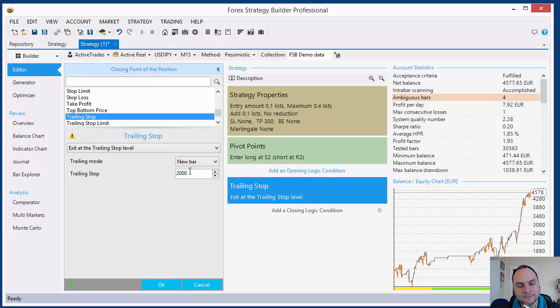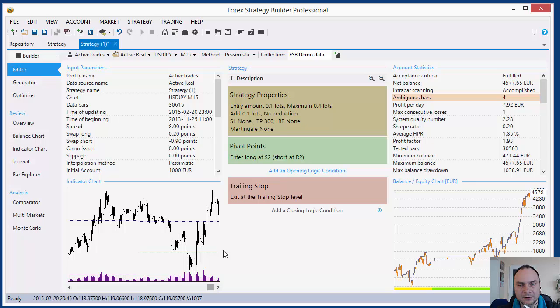That means when you open a long position, the program will set the trailing stop activation 200 pips above the position. And when the price starts going up and reaches 200 pips profit, the program will set the trailing stop at the break-even price. But we have take profit 30 pips. Actually, I simply can remove that closing.